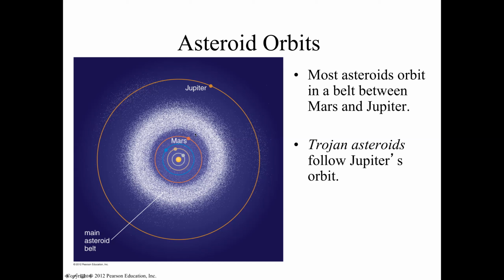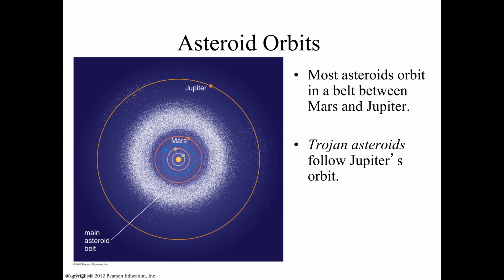And then we have Trojan asteroids that follow Jupiter's orbit. So this area, which you can see, there are a lot of asteroids there, all right? This area and this area are called Trojan asteroids. These are moving at the same rate as Jupiter, and they are in the Lagrangian points in the solar system, meaning that they will make a 60-degree angle with respect to the Sun and with respect to Jupiter.